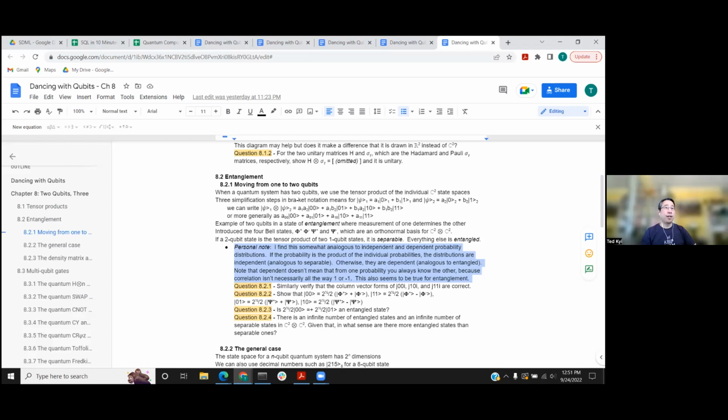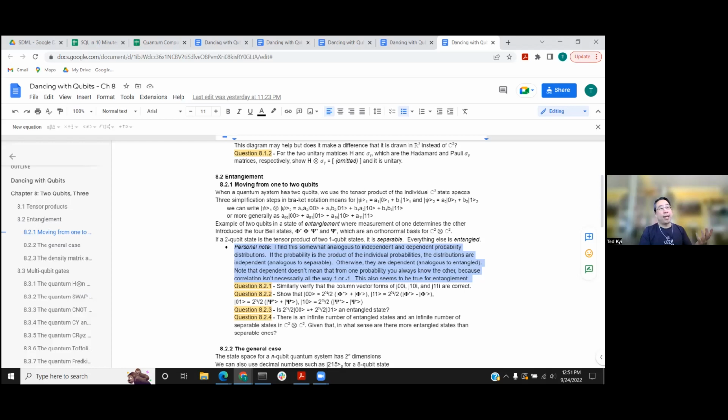If the probability of 2 events happening is just the individual probabilities multiplied together, then those probability distributions are independent. If there's any dependence between the 2, then the probability is not always going to be just multiplying the 2 of them together.